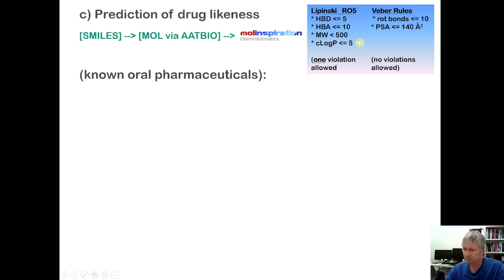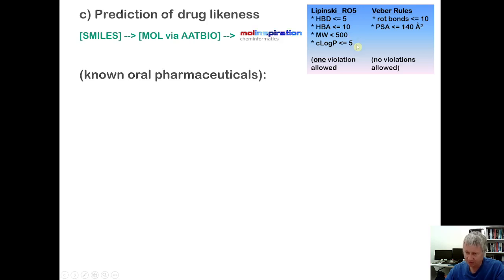Again, HBD is hydrogen bond donors. Oxygens and nitrogens, actually with a hydrogen usually. It's got to be less than or equal to 5. Hydrogen bond acceptors have to be less than or equal to 10. So those are usually just oxygens and nitrogens. Molecular weight needs to be less than 500.